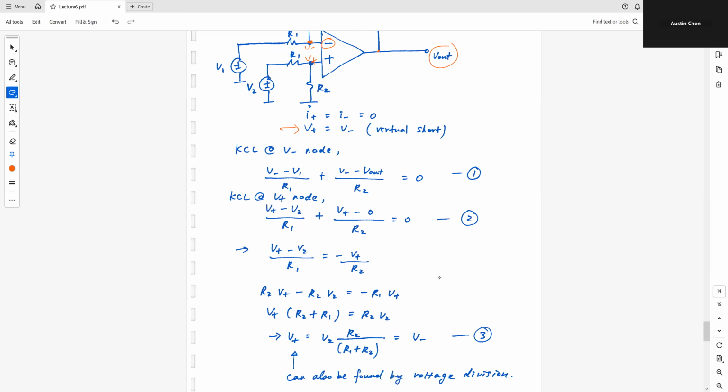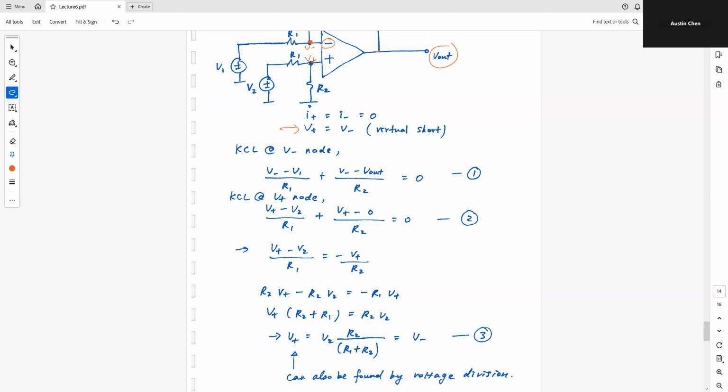Based on equation 2, I can solve for this V plus, and this V plus turns out to be a simple voltage division. So V2 times R2 over the sum, which is something that you can also do by inspection.